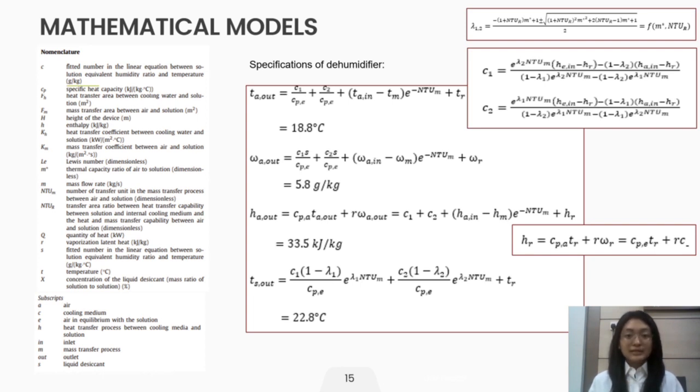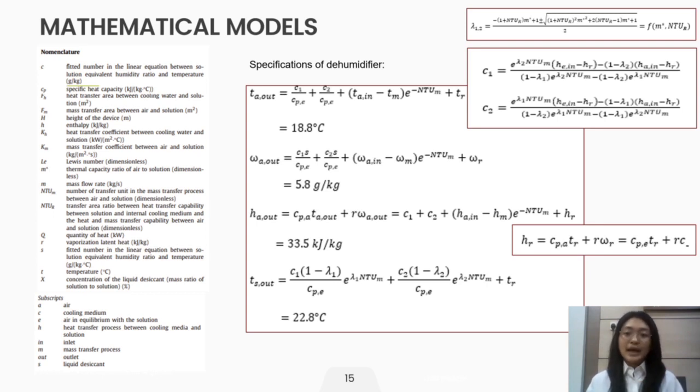Next, by substituting the value of constant S, C1, C2, the specific heat, humidity of air, refrigerant, and mass transfer process, NTU, the humidity ratio, and so on, the humidity ratio of air at outlet is obtained, which is 5.8 grams per kg.